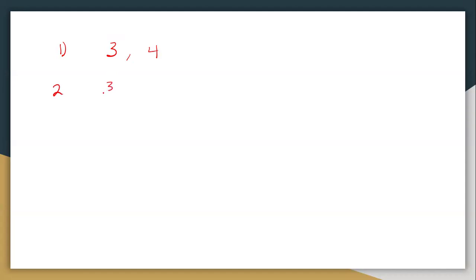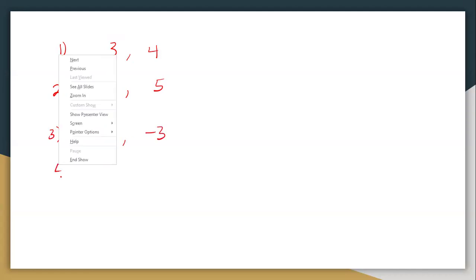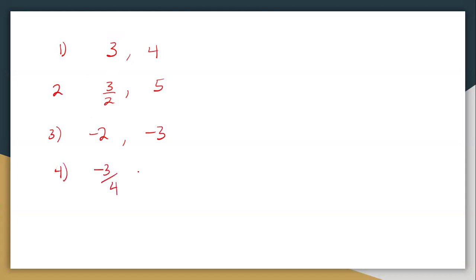Number 2, you have 3/2 and 5. Number 3, you have -2 and -3. And the last one, number 4, you have -3/4 and 8. So form a quadratic equation whose roots are those ones.